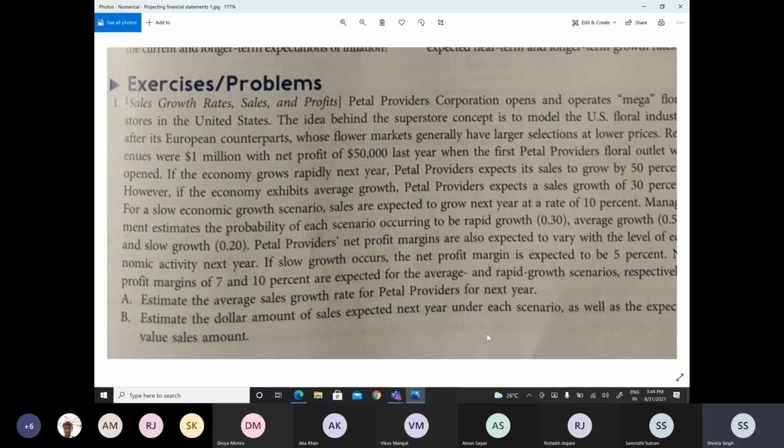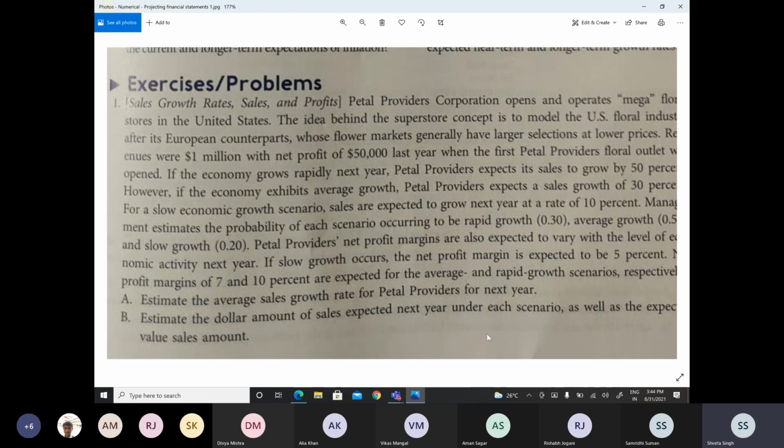However, if the economy exhibits average growth, it expects a sales growth of 30%. And for a slow economic growth scenario, sales are expected to grow next year at a rate of 30%. Management estimates the probability of each scenario occurring to be rapid growth 30%, average growth 50%, and slow growth 20%.